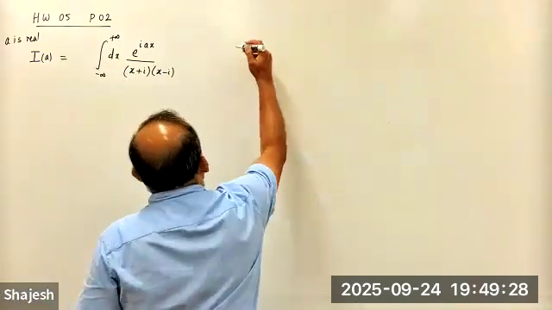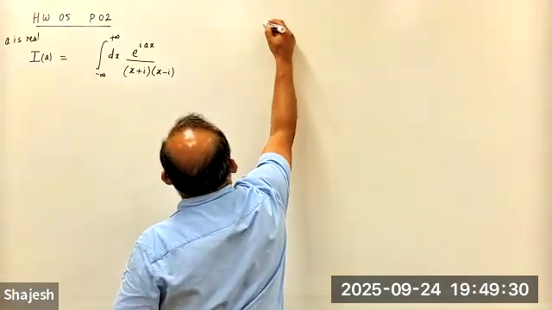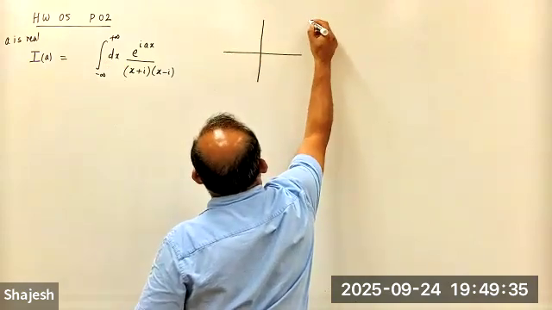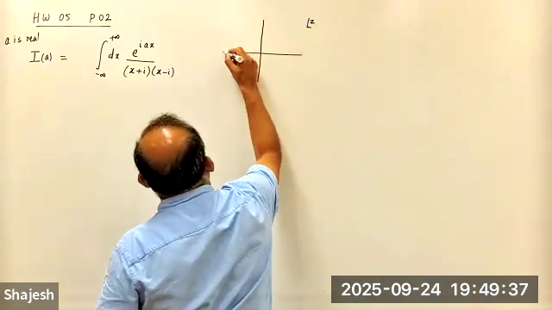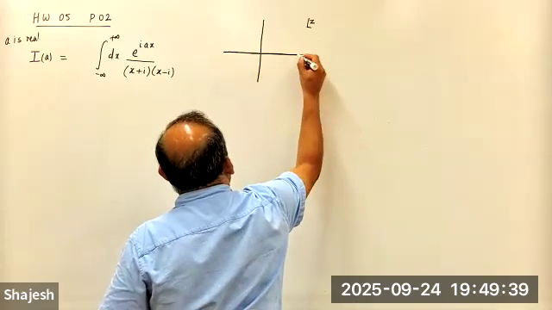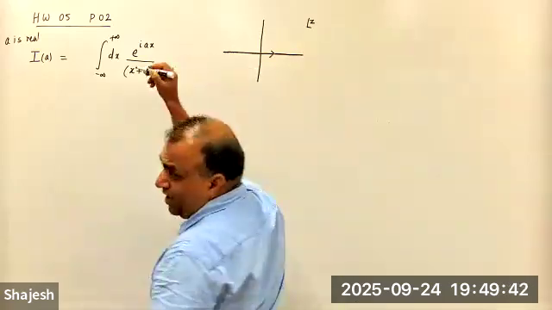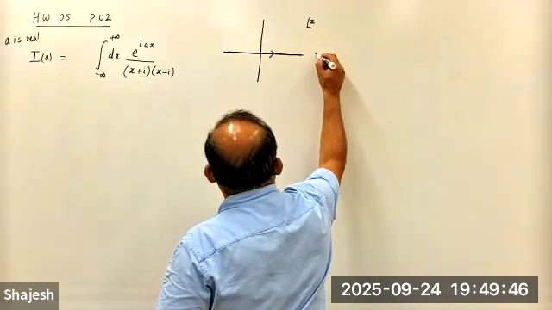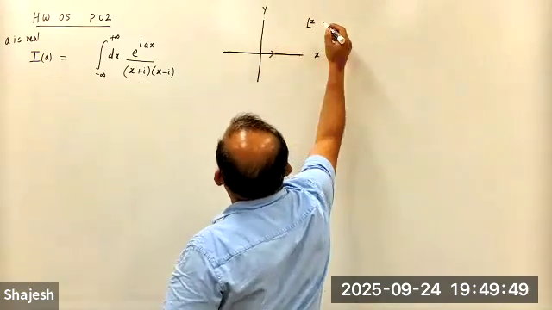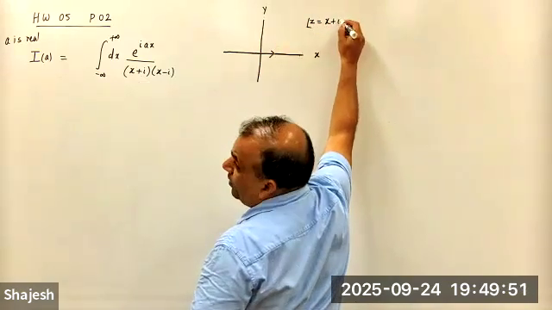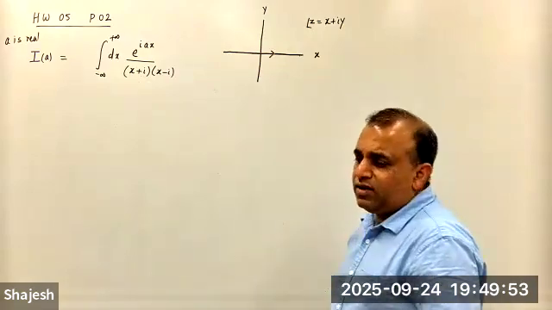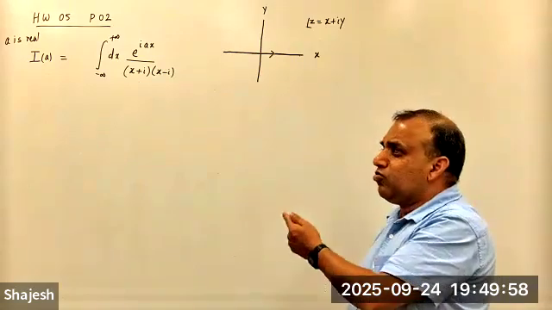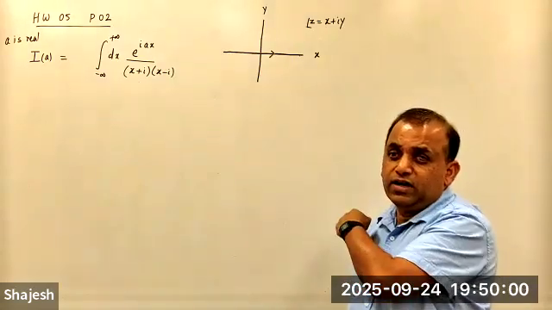If I were to show this on a complex plane, this is complex plane Z. This integral is running from minus infinity to plus infinity, only on the real line. If this is x, and that's y, Z is x plus iy. Is that clear how the integral in this case is very different from the integral earlier?